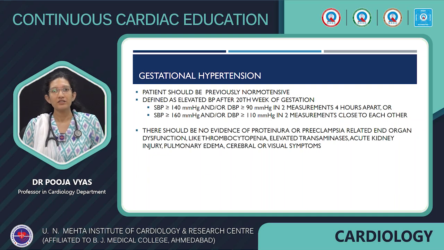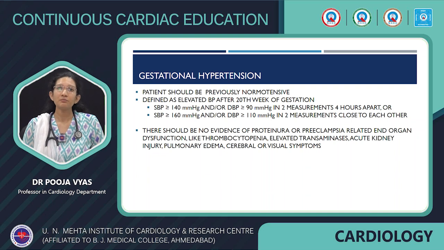That is, systolic blood pressure of more than or equal to 140 millimeter of mercury, and diastolic blood pressure of more than or equal to 90 millimeter of mercury in 2 measurements taken 4 hours apart, or systolic blood pressure of more than or equal to 160 millimeter of mercury and/or diastolic blood pressure of more than or equal to 110 millimeter of mercury in 2 measurements taken close to each other.